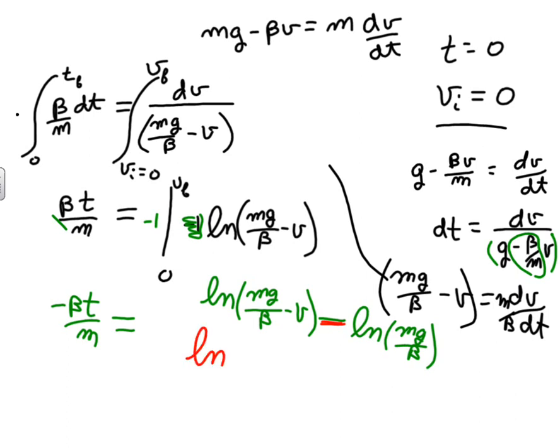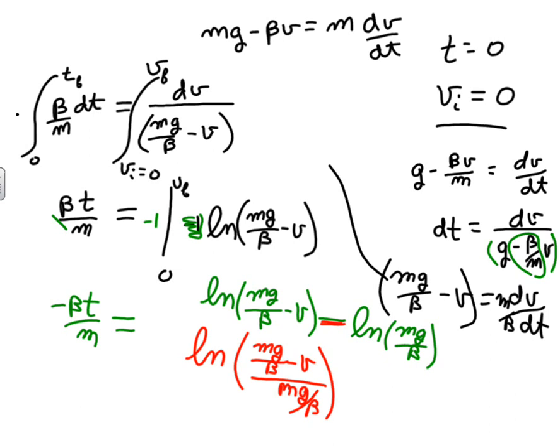The natural log of mg over beta minus v divided by mg over beta. Did everybody see what I just did? This minus that is the same as the natural log of this one divided by that one.